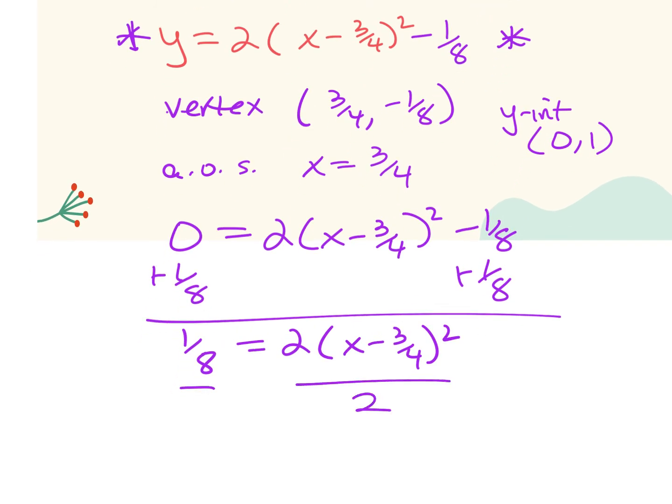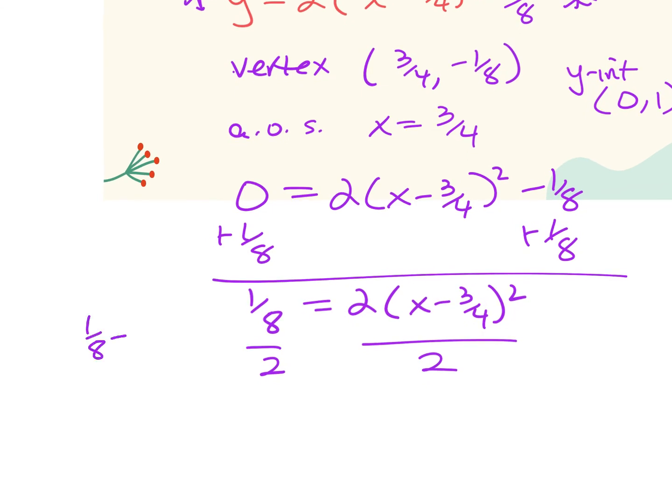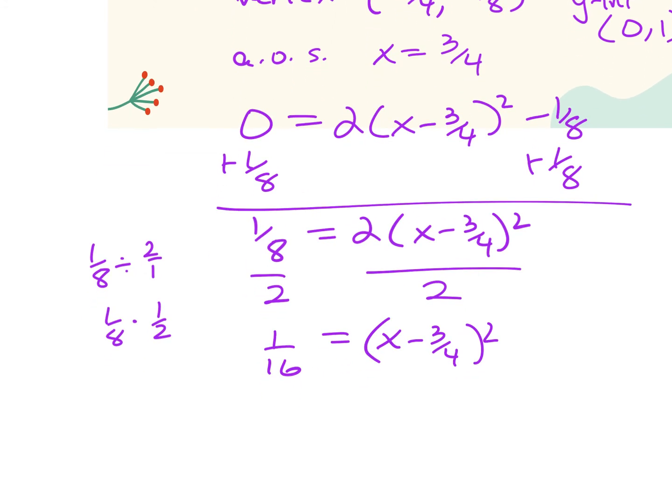Divide by 2. And when I do this, 1/8 divided by 2, flip, change it, and it becomes 1/16. Square root both sides. This becomes plus and minus 1/4.